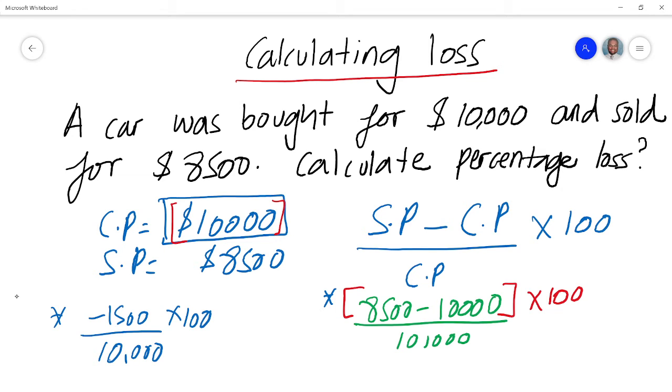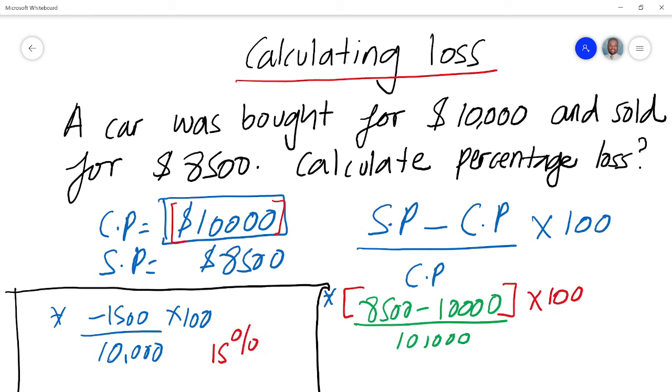I'll put a line there so you don't get confused with the other bits. So negative 1,500 divided by $10,000 times 100, and you're going to get a 15% loss. That 15% tells you the percentage you have incurred as a loss, not as a profit.